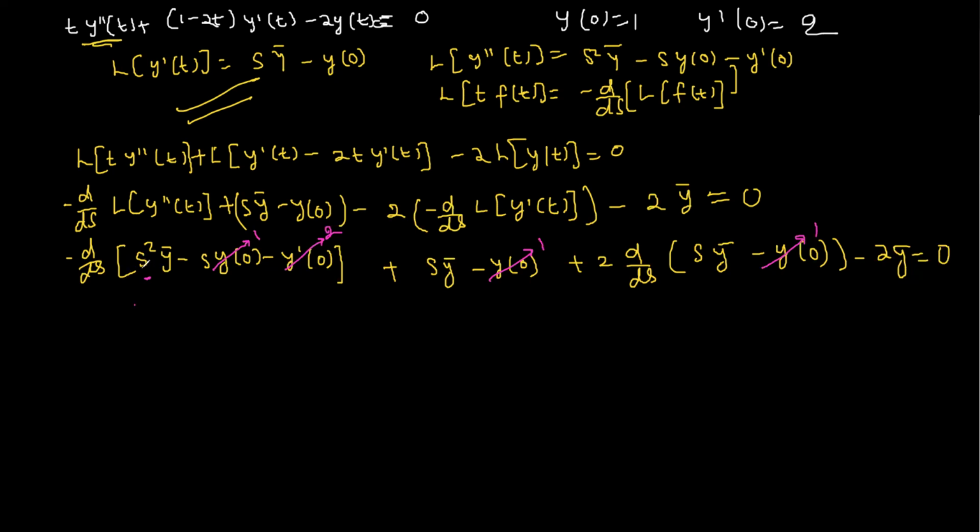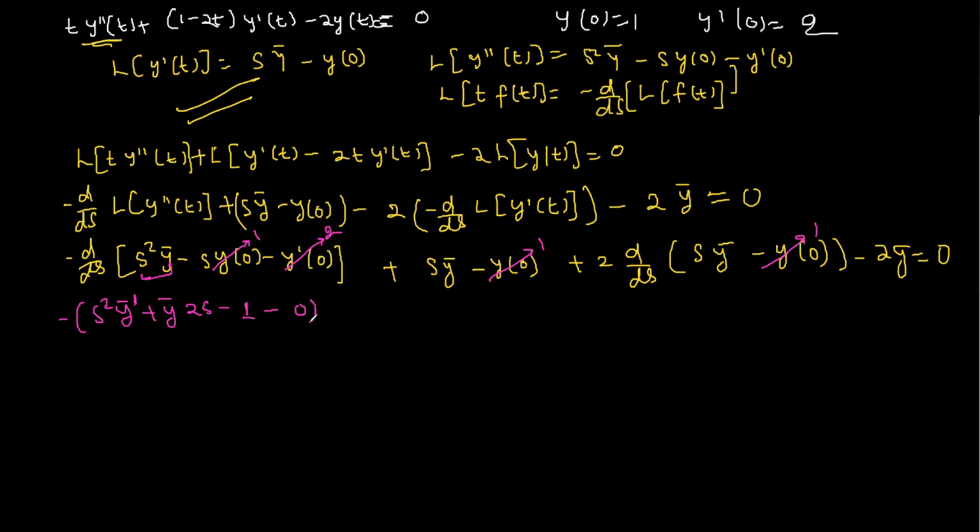See, when you do derivation, you will use the u v rule. So u v dash plus v u dash. The derivative of s square is 2s, and the derivative of s is 1, this is minus 1.